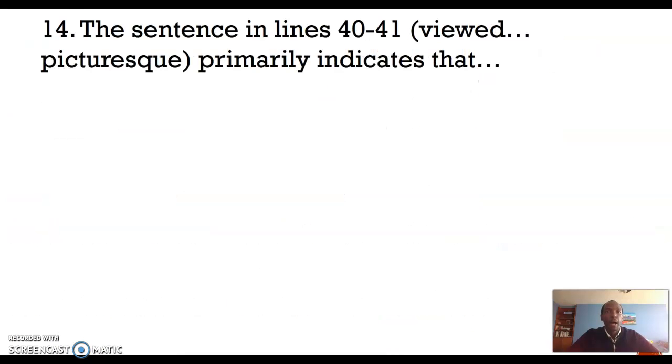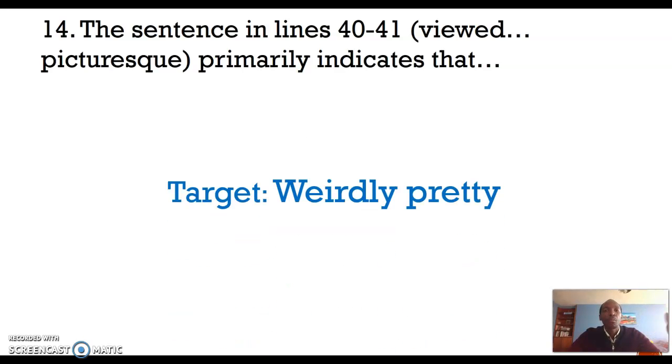Right? And then I think there's a slight error on the slides here, but the sentence in lines 40 to 41, if you close read, you're looking for detail to see what that indicates. This is an inference question, and my target from this is basically that the sea is oddly or weirdly pretty. It's oddly or weirdly beautiful, right?